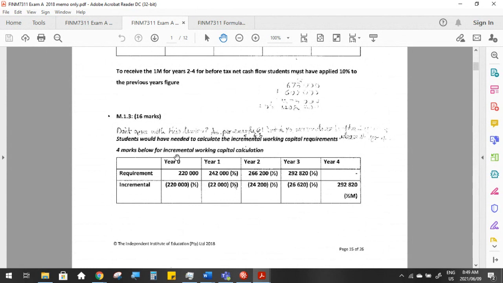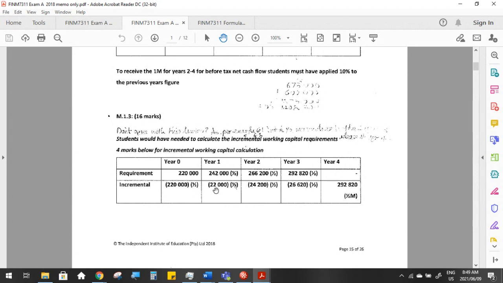So at year 0, initially, we had to invest 220,000 in working capital. So the incremental amount, which means the additional amount in that particular year, is 220. We've included that in our initial cash flows already. Then the 220 is going to increase by 10%, which means that in year 1 it increases to 242.